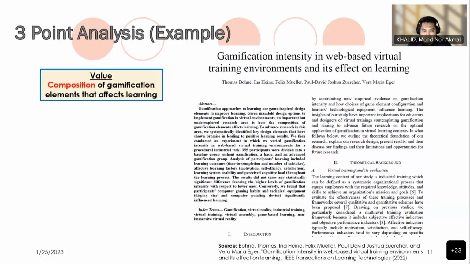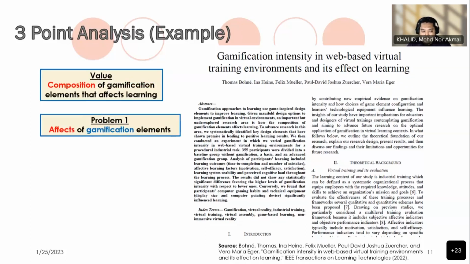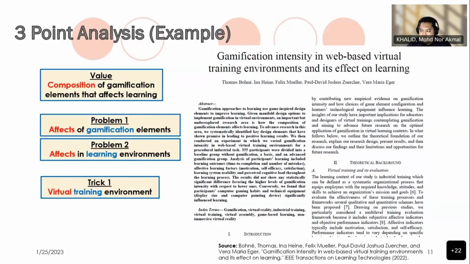So the value in this work actually is the composition of gamification elements. So how these gamification elements affect learning. The problem we identify is the gamification elements affecting the learning environment, how they affect a learning environment. And the trick here is to use virtual training.